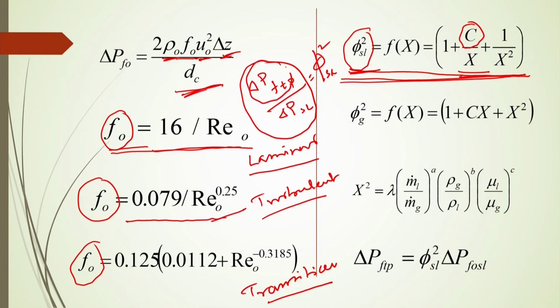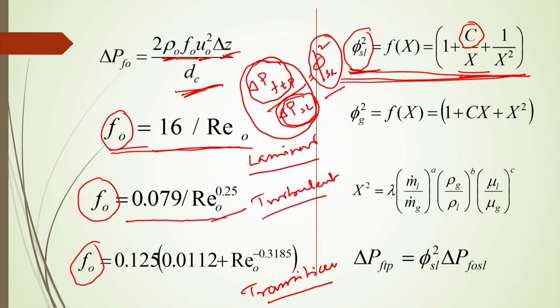So, this is your experimental data, or you can get the single phase flow from the Fanning equation. If you divide these two pressure drops, you get this ratio, which will be represented as phi SL square.